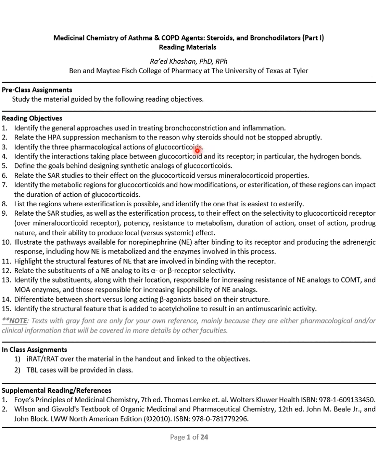I want you to look at these three actions, and then identify the interactions that takes place between the glucocorticoid and its receptor, in particular the halogen bonds, and then define the reason why do we design different glucocorticoids. What is the goal when we design these glucocorticoids?